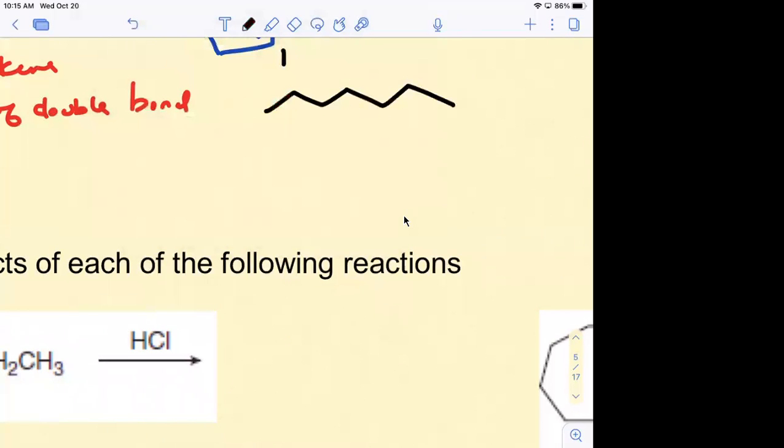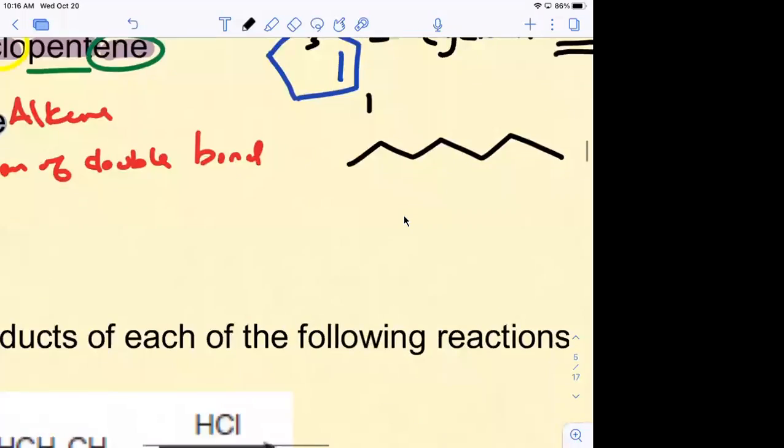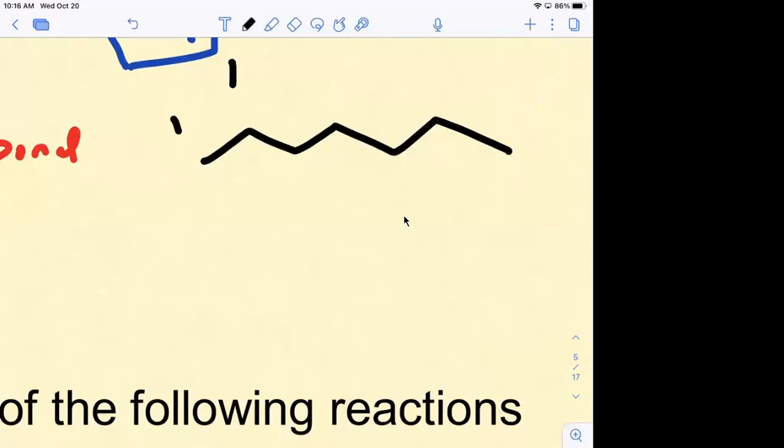If you're doing a skeletal form for a straight chain alkane, if it's 7 carbons, it's 6 pen strokes, right? And then I'm going to put the numbers in: 1, 2, 3, 4, 5, 6, 7.